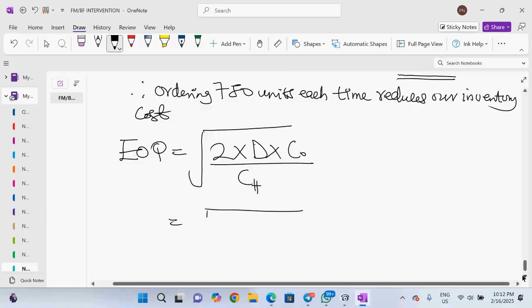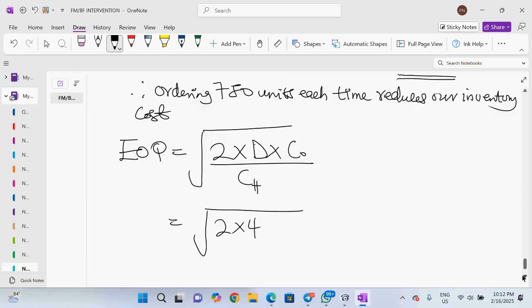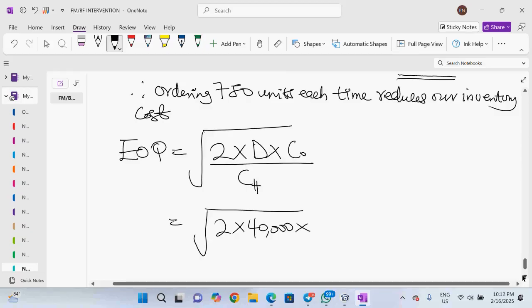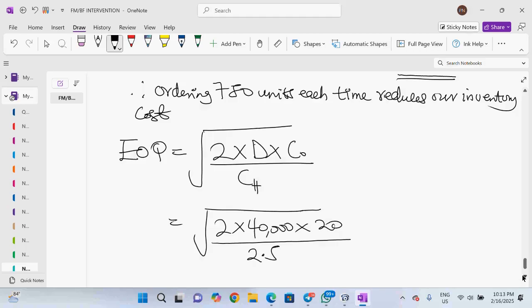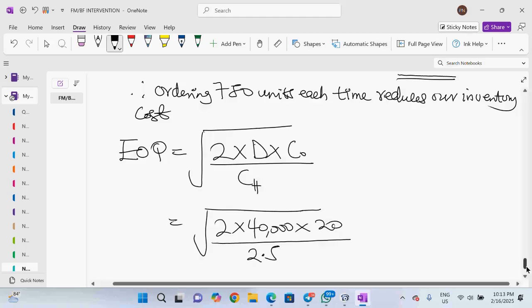So what is the annual demand? 40,000 times the cost of ordering, 20, all over the cost of holding, which is 2.5. That is 10% of the 25. So what is our EOQ?